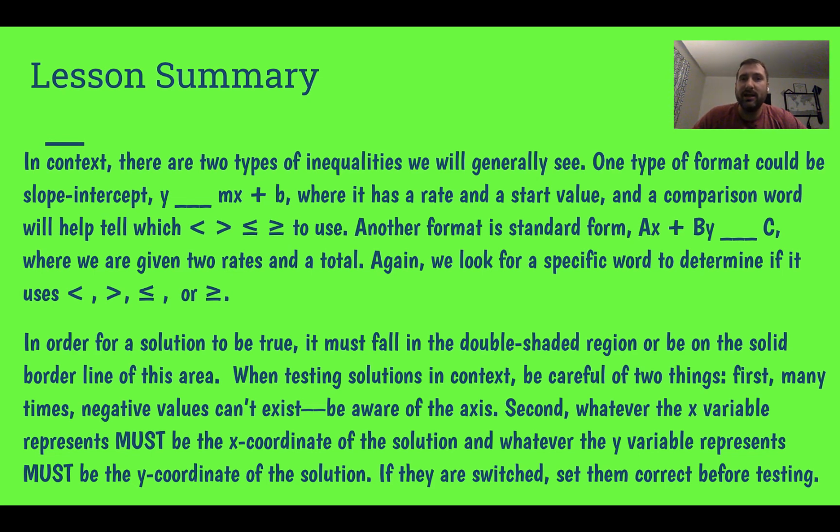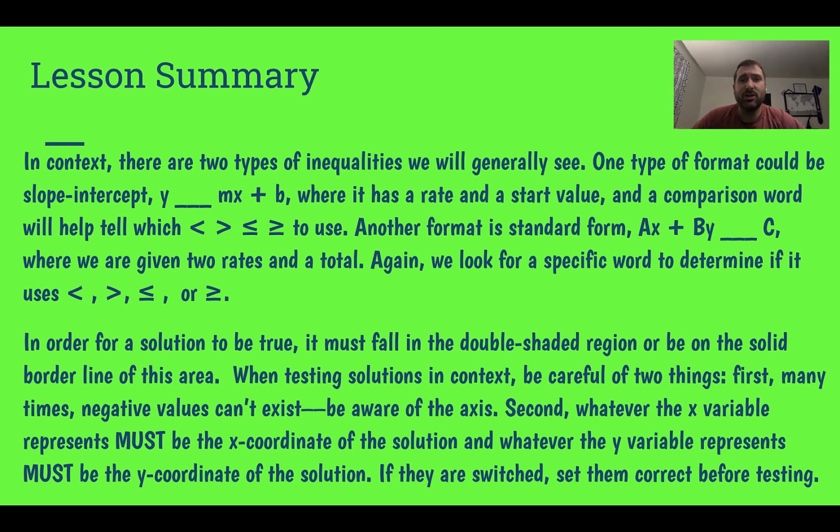First, negatives don't really exist for a lot of situations, so read through the context and see if it can work for yours. Second, whatever it tells you the x variable represents, or whatever you decide the x represents, must be your x coordinate for your solution. And whatever you decide for the y value, or whatever it tells you, must be the y coordinate of the solution.